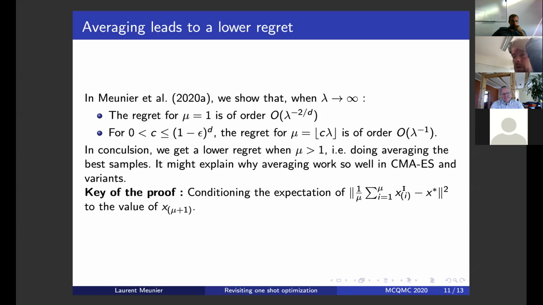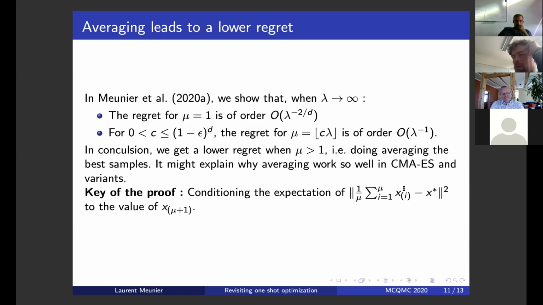So this result is quite counterintuitive, but if you really think about it, it's some kind of trade-off between bias and variance. When you are close to the optimum, you have to sample many points, and here the average will be a debiased, low variance estimator.